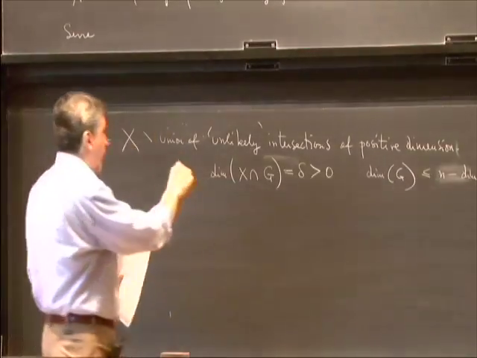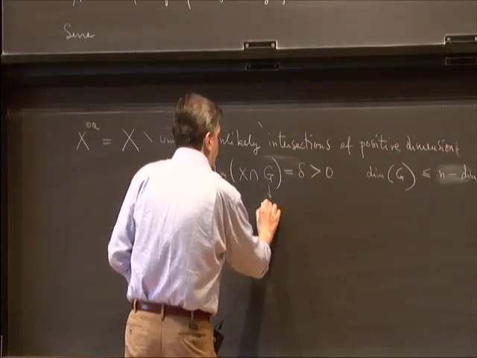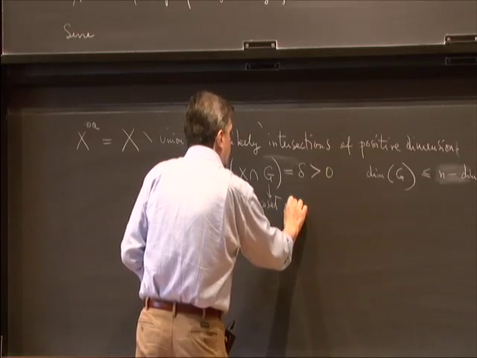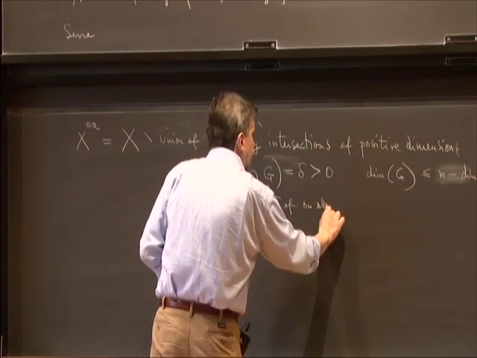And g here is a coset of an algebraic subgroup.